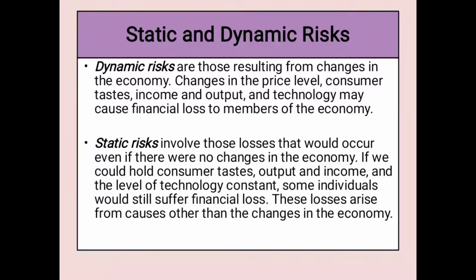Take an example: you started a poultry business, a chicken business. Tomorrow, when your chickens are ready, there is no price in the market, so you are not getting back the money that you have invested and spent on the business. That is called dynamic risk, the risk that happens because of changes in the economy.